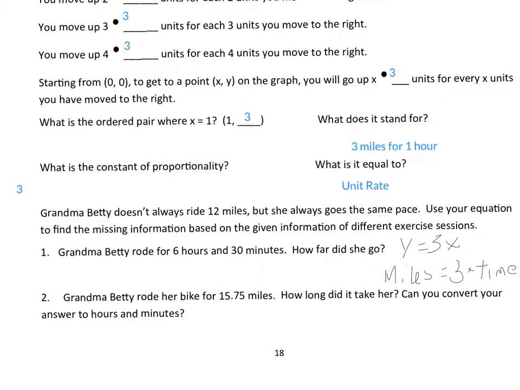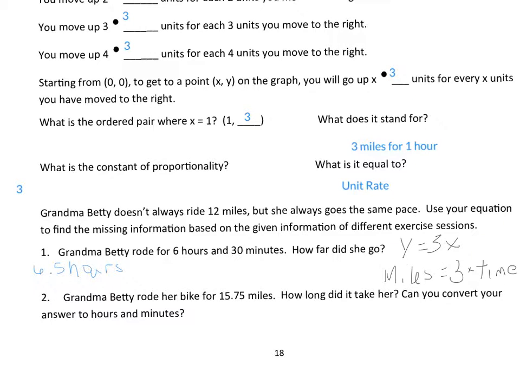So it says use that equation to help us with the information on different sessions. It says she rode for 6 hours and 30 minutes. Now, the first thing that we have to know is that 6 hours and 30 minutes is 6.5 hours. We can't have any mixed units within the problem. So we know that 30 minutes is half of an hour, so 6 hours and 30 minutes is 6.5 hours.